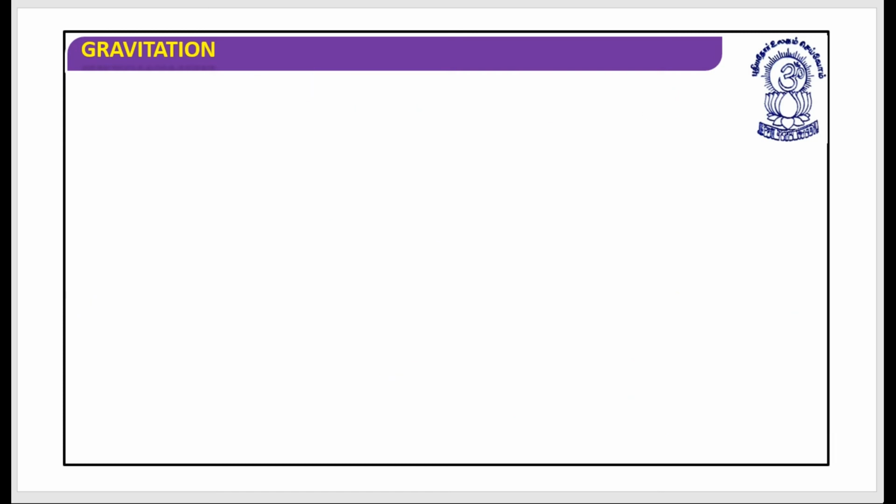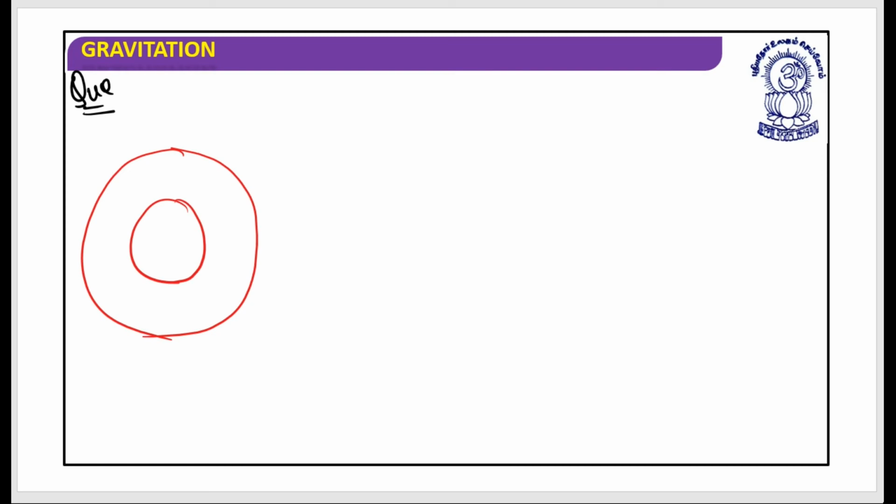Let's have a look. The question says, suppose the situation is something like this. This is the center. One object is of m1 mass, another object is of m2 mass. The m1 mass object is a solid sphere, and the second object m2 is a hollow sphere.